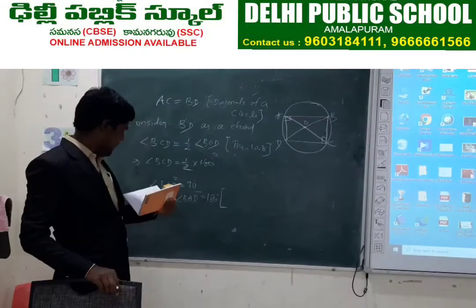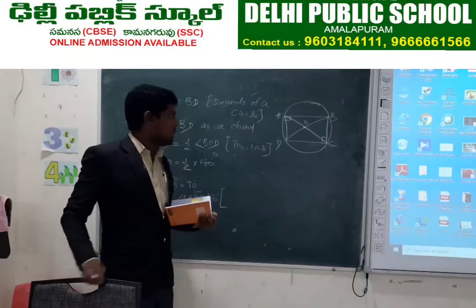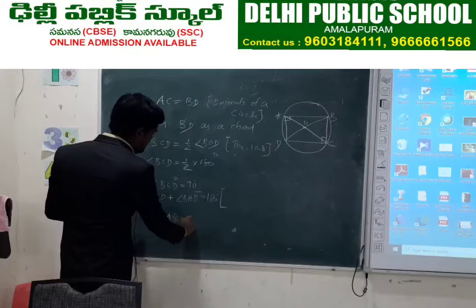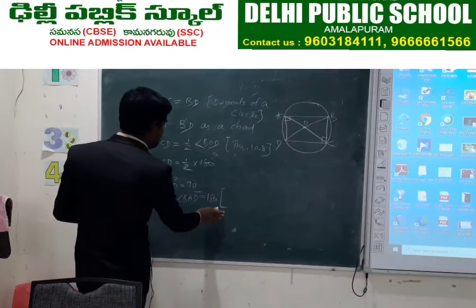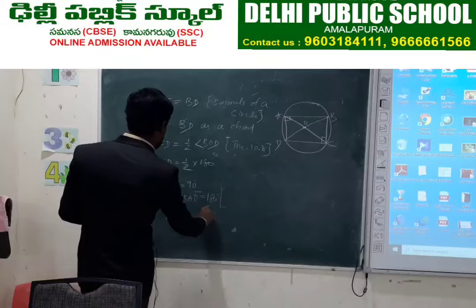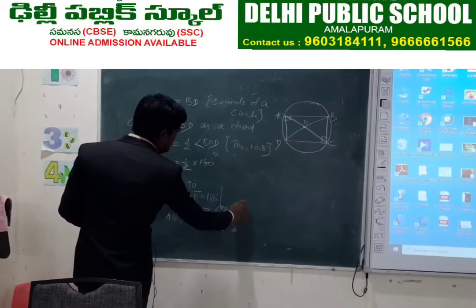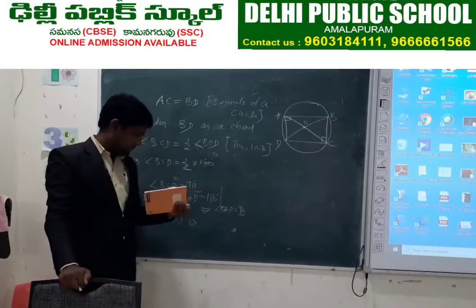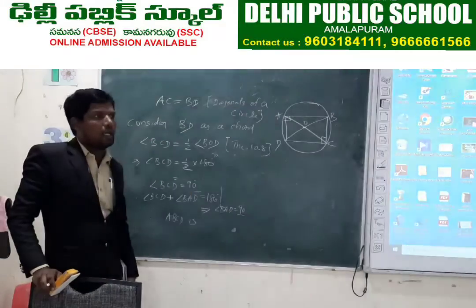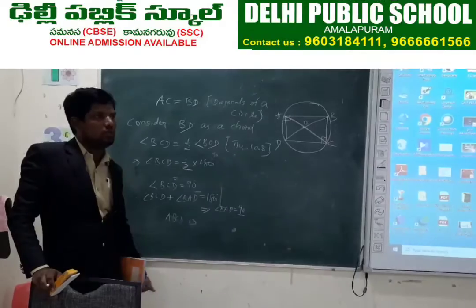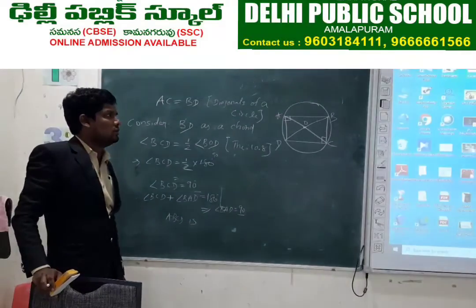After this, you have to write: if the diagonals are equal and one of the angles is 90 degrees, then it is a rectangle.